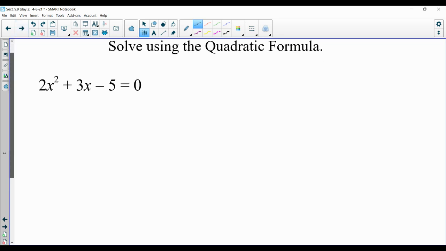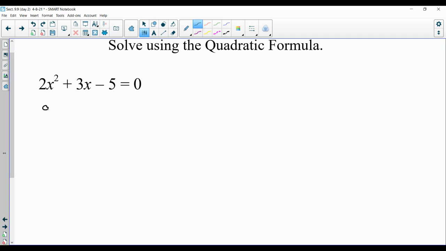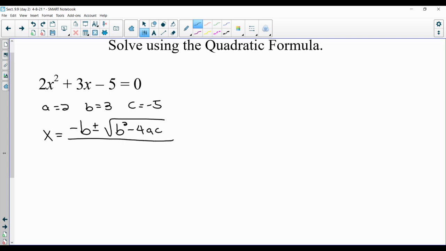So 2x squared plus 3x minus 5. This is where A equals 2, B equals 3, C equals -5. And then I'm going to write down negative B plus or minus the square root of B squared minus 4AC all over 2A.